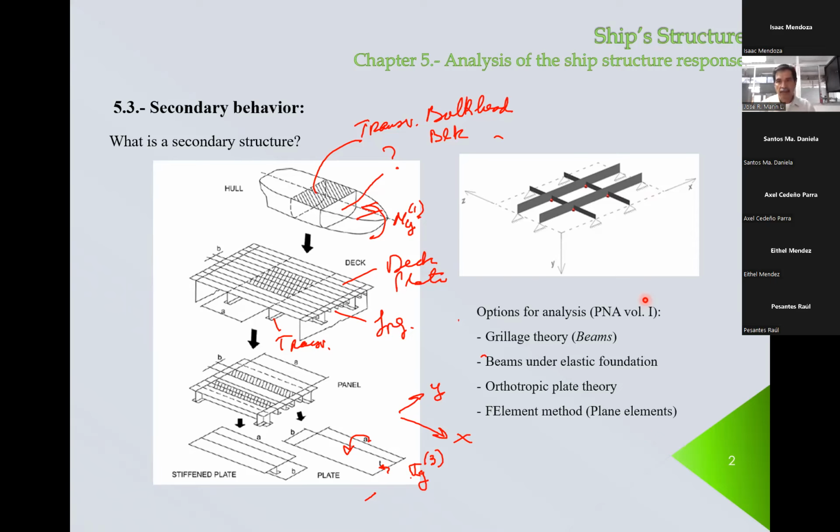The second theory mentioned by the PNA is the theory of beams under elastic foundation. Okay? There is a very nice article on that in the 70s, some 50 years ago.